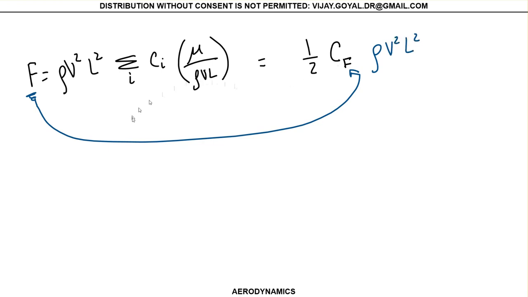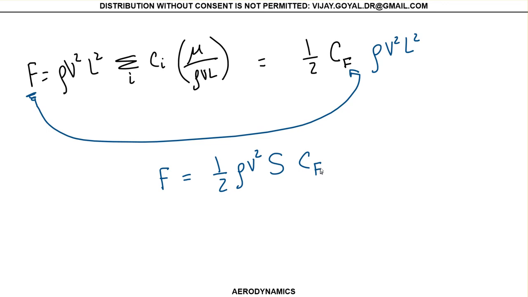So whatever this is, somehow it's related to this, and it's a function of a non-dimensional quantity CF. In this context, it's very convenient to write the equation like this: this is rho V squared, this is nothing else than area, and this is CF.